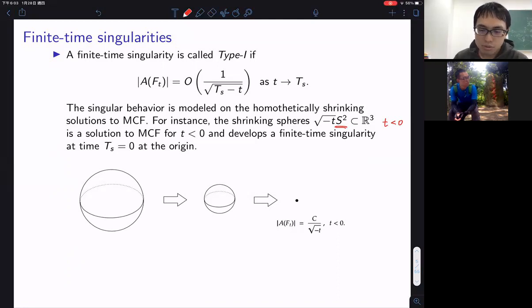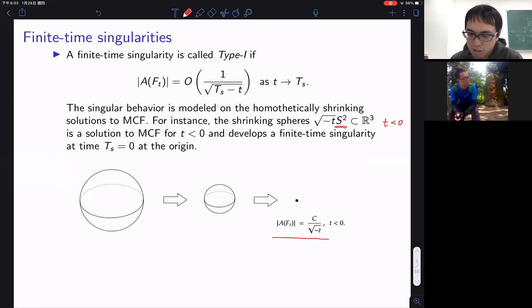As t goes to 0, the spheres shrink to a point, and the second fundamental form blows up like some constant c over square root of minus t. So this is the kind of type 1 behavior.